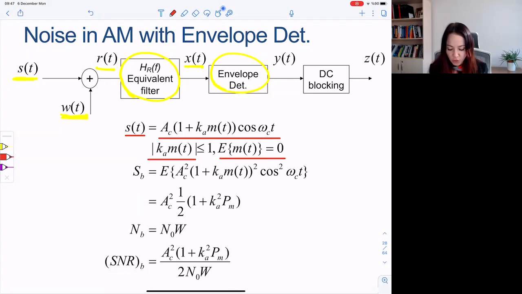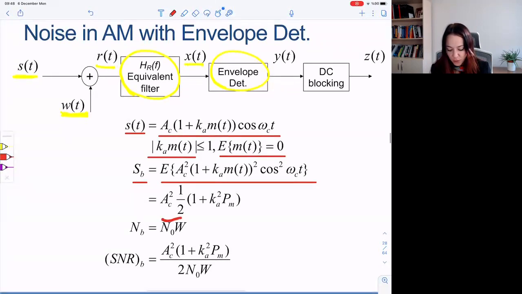All right, so the signal power can be computed by computing the autocorrelation function evaluated at 0, which is essentially, in this case, the expectation of signal squared, which gives us Ac squared times a half (1 + Ka squared Pm).